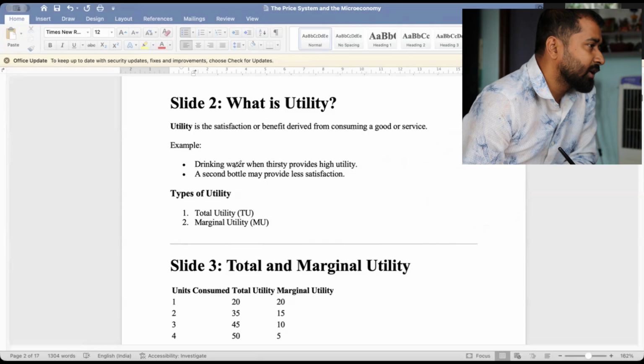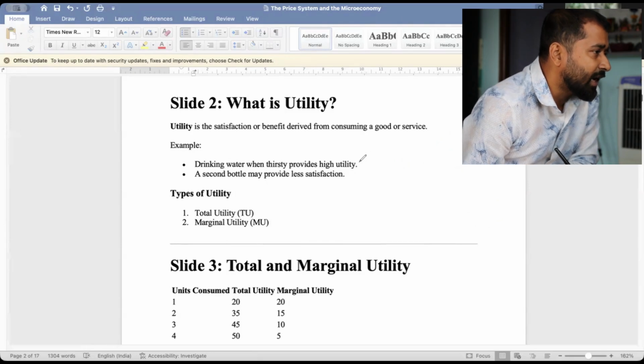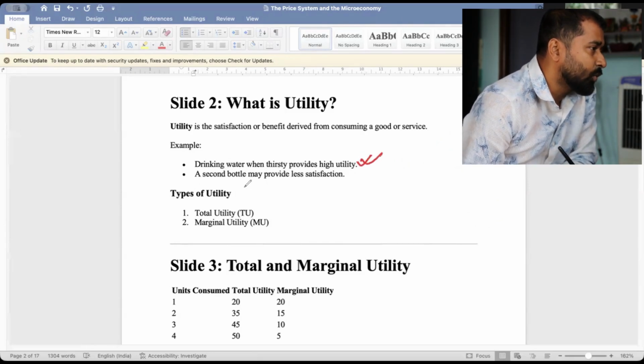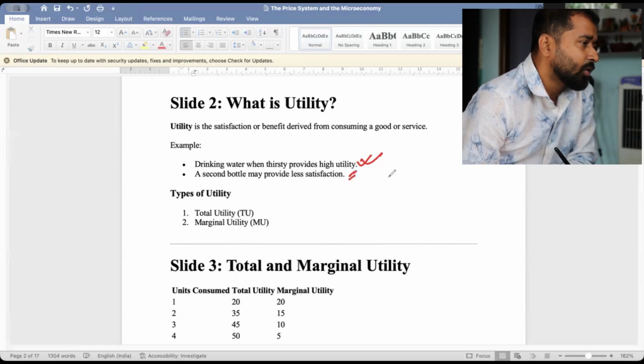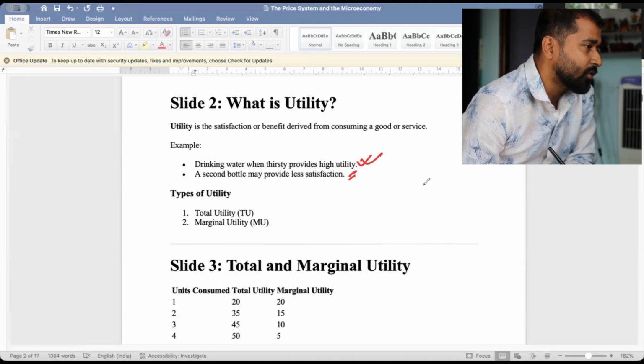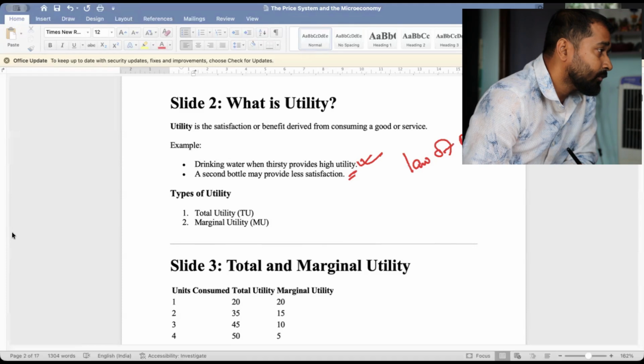For example, drinking water when thirsty provides a high utility, while a second bottle may provide less satisfaction. When you continuously consume the same product, your utility and satisfaction go down. That is known as the law of diminishing marginal utility, which we will see again later.